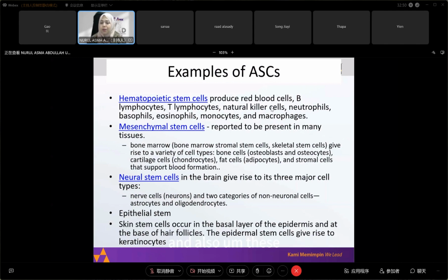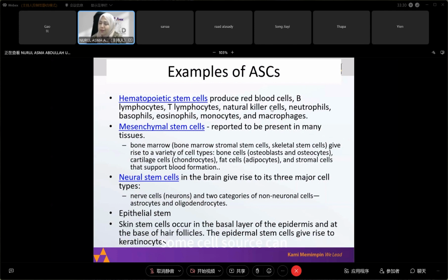This lineage of bone marrow stem cells can differentiate into skeletal cells such as bone cells, cartilage cells, which are the chondrocytes, fat cells, and also the stromal cells that support blood formation in the skeletal system. The next one is the neural stem cells. Some cell sources can basically differentiate into neural stem cells.